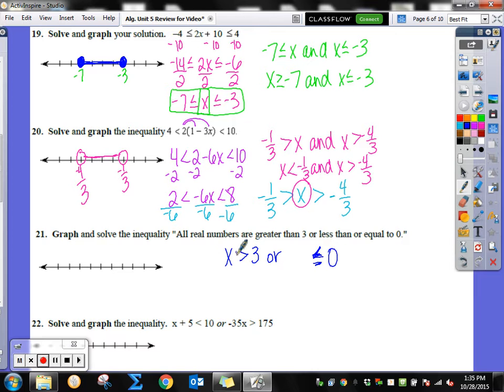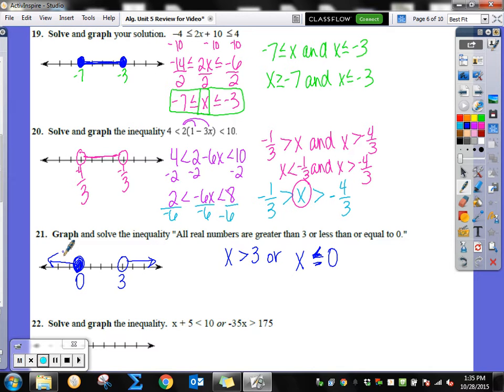Now on this one, remember, we have to come over here and grab our variable. So we have x is greater than 3 or x is less than or equal to 0. So we've got 0 and 3. We've got greater than 3 and then less than or equal to 0. Remember, ors typically go out unless it is a special case.